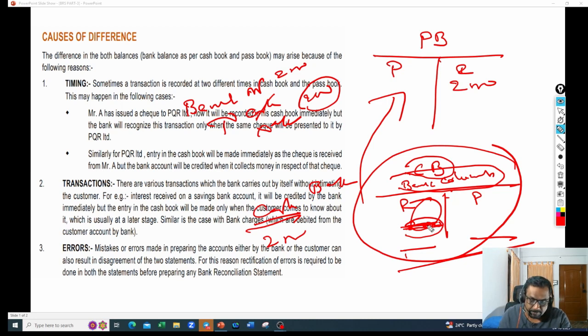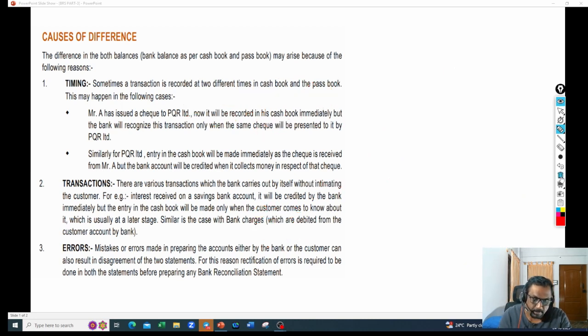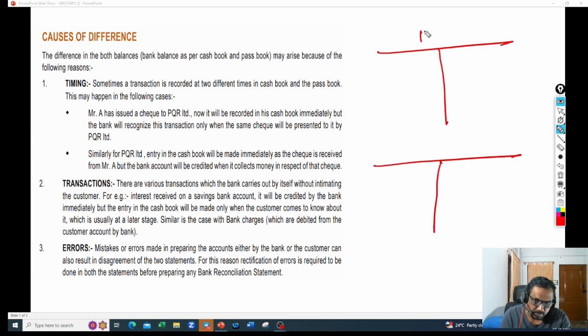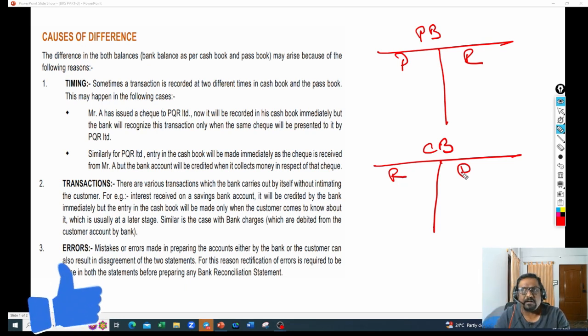Another best example. This is the passbook, this is the cash book. Every time I need to explain this with this kind of diagram, then you will understand. This is payments, this is receipts. This is receipts, this is payments. What the banker did is, some other person deposited in his account.